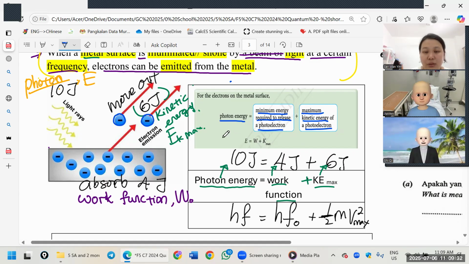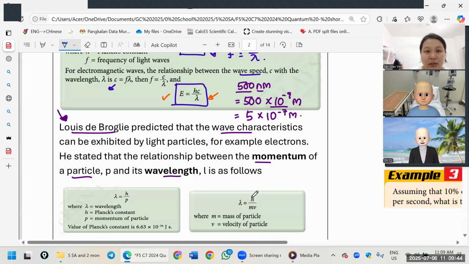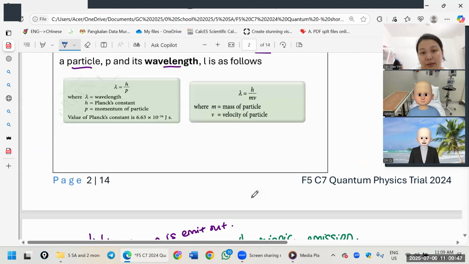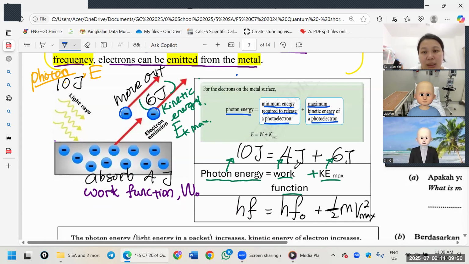If you know the relationship already, then it's time we substitute in the formula. Photon energy is hf, which we learned just now: E equals hf. And work function, you can see I make a note here, but the textbook doesn't put a note. Work function, I would say it is hf, but this f depends on the material itself.